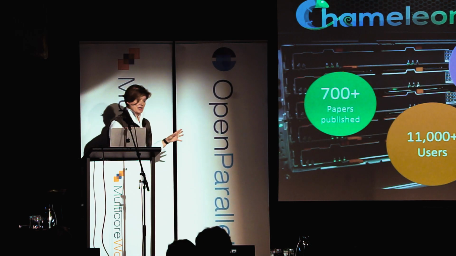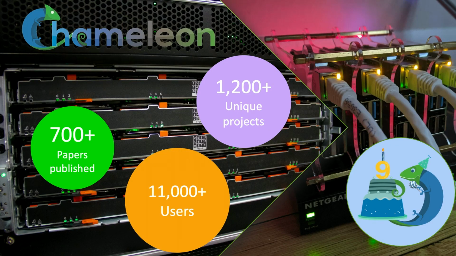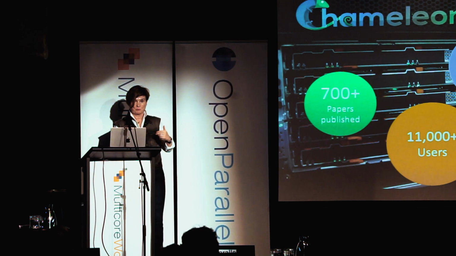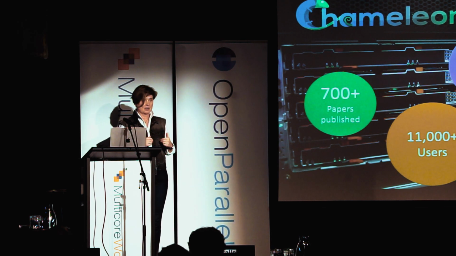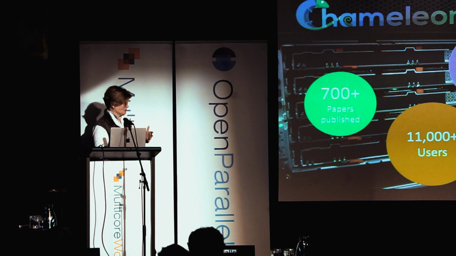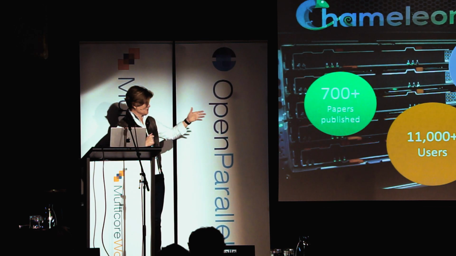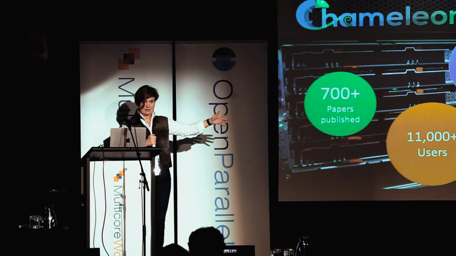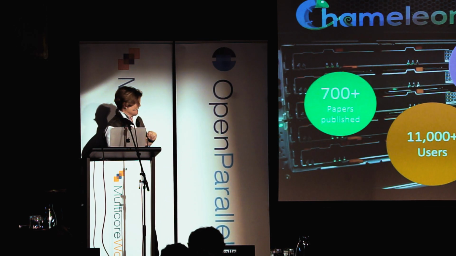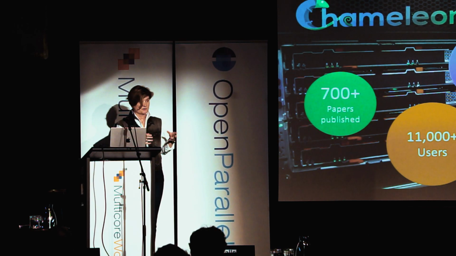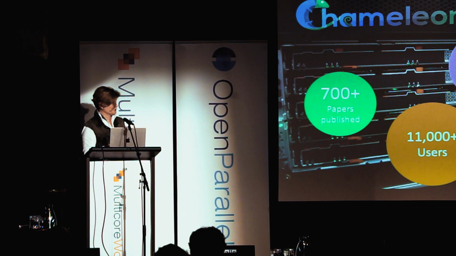So just to give you an idea of scale, at this point, Chameleon is a virtual facility that has been in existence almost 10 years. So the project was in existence over 10 years, but we went into production at the end of July 2015. So we've been celebrating our 9th birthday last year. Over that period of time, we had the privilege of serving almost 12,000 users. Just a few users missing.